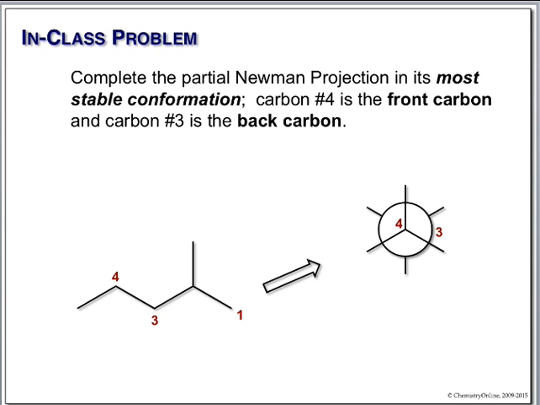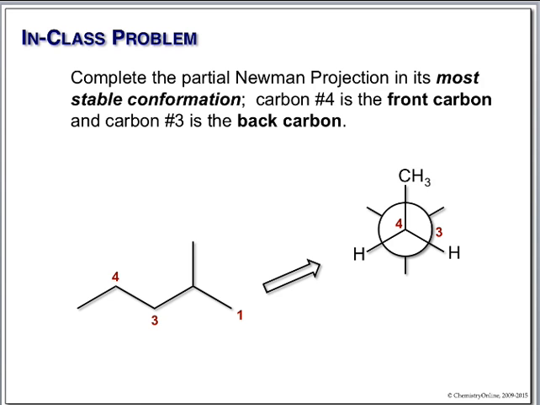Now it is really trivial. We want this in its most stable conformation, so if we have substituents, we want them anti to each other. So we look at carbon 4, and we say what's attached? Well, we have two hydrogens and a methyl. Carbon number 3, we have two hydrogens and an isopropyl.